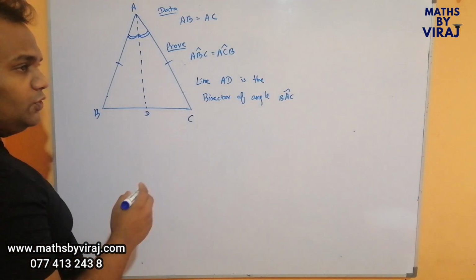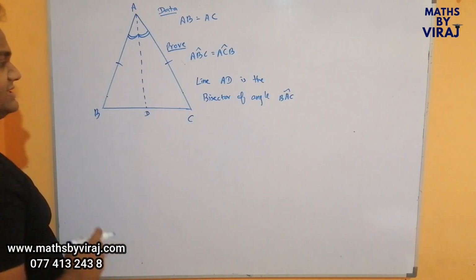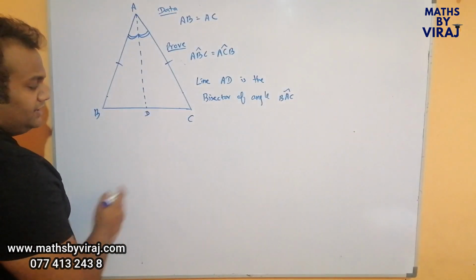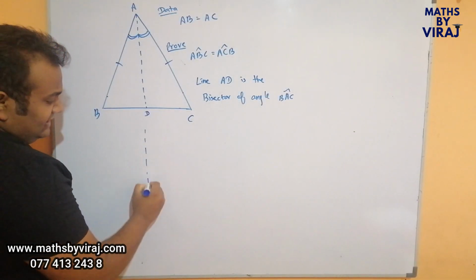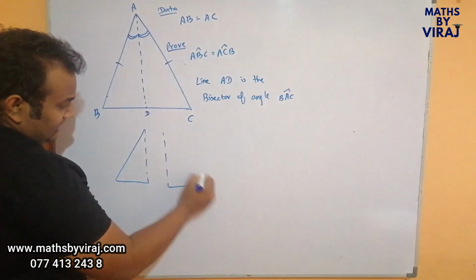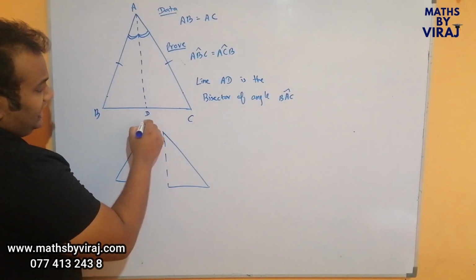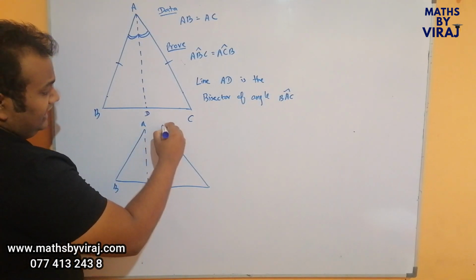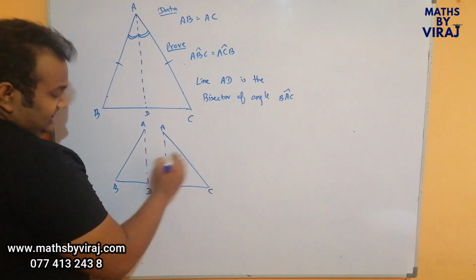Children, now let's try to prove that these two angles are equal. First and foremost, what do we see here? We can see that there are basically two triangles. Namely, the triangle ADB and triangle ADC.